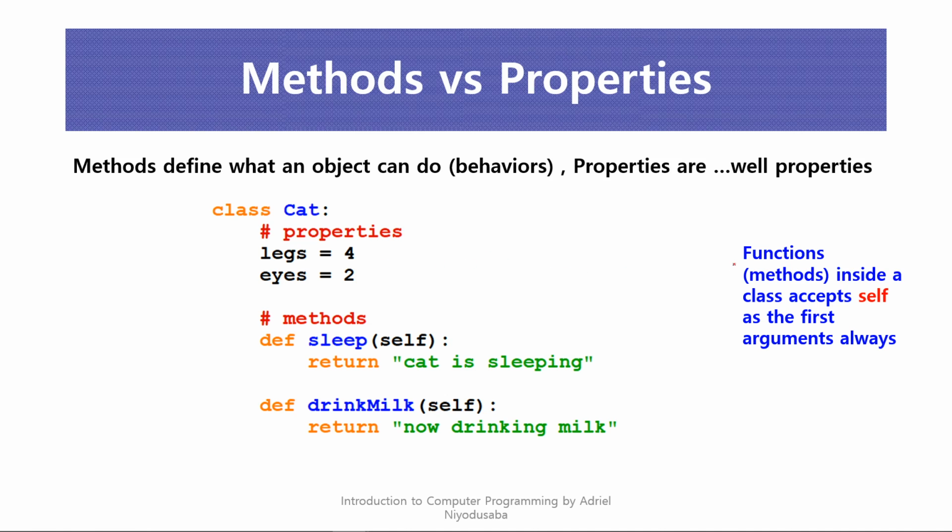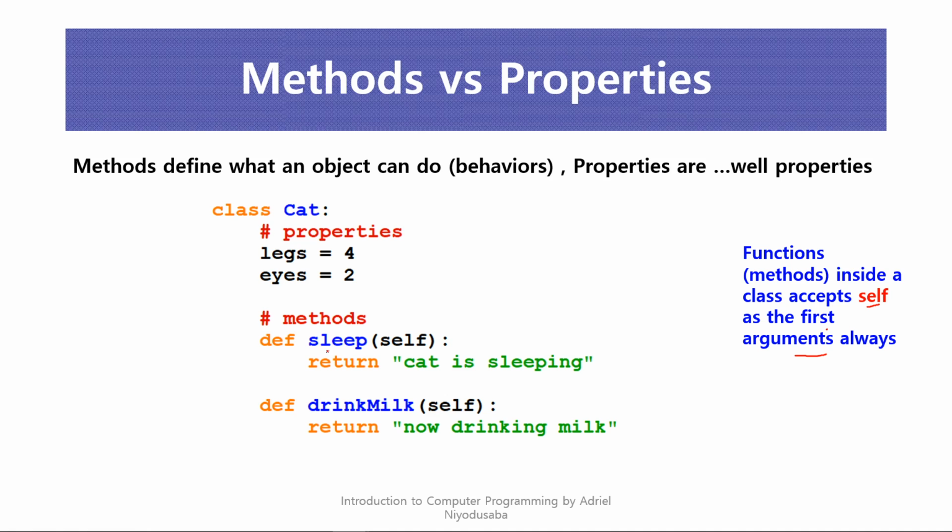Now all the functions or methods inside the class, they always receive self as their first argument. The reason why this is important is that when we accept self, we have access to this very object which contains some variables. Remember that when we were working with functions originally, we could not, for example, access a variable which is outside the function.